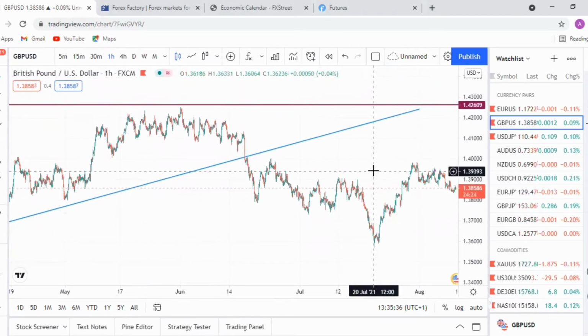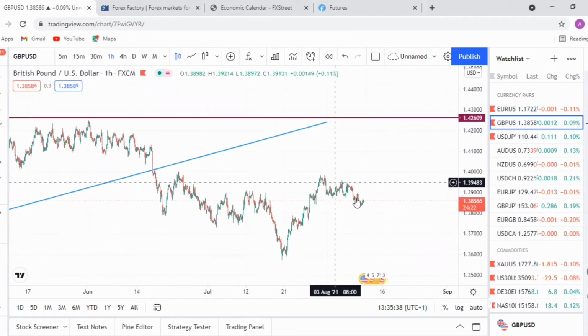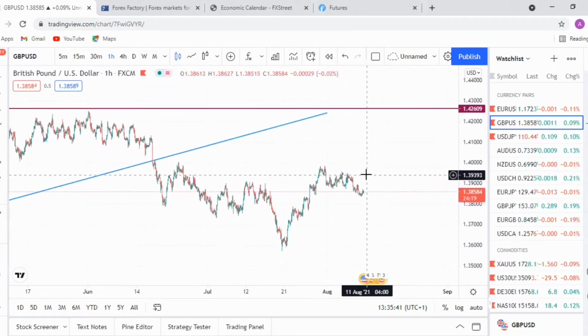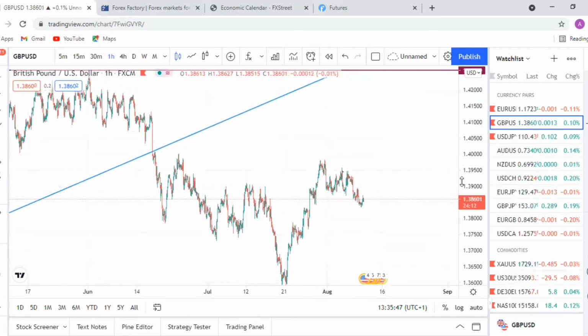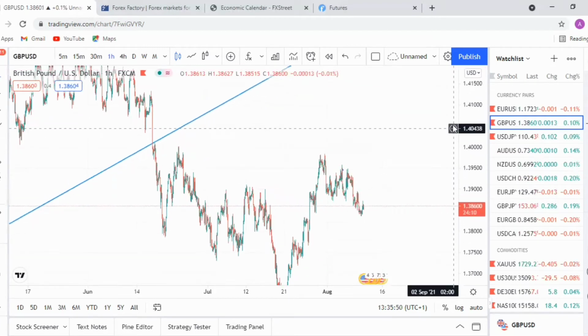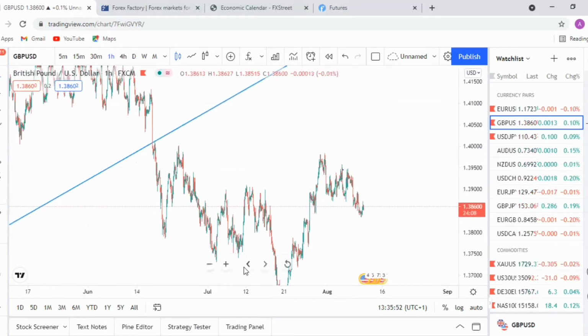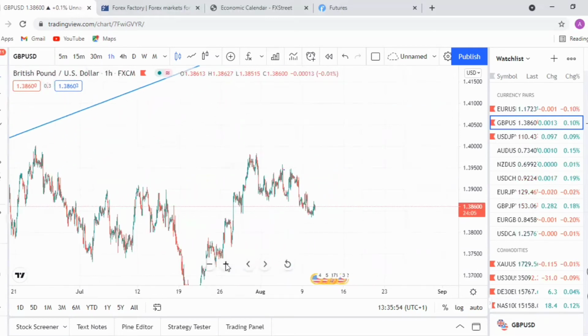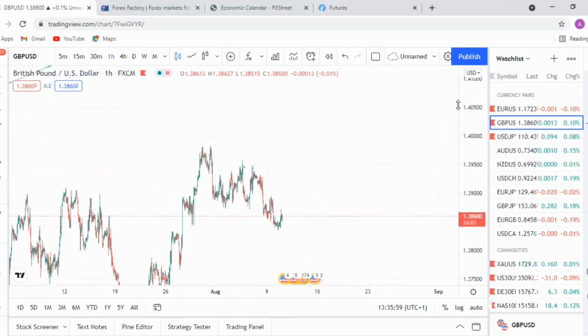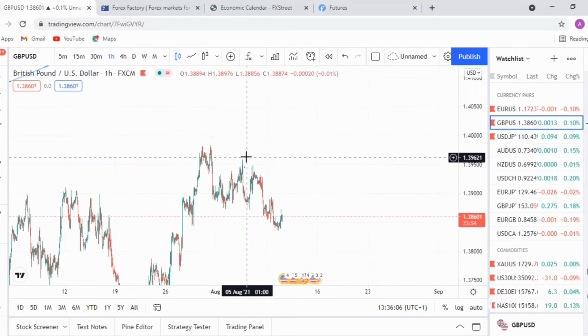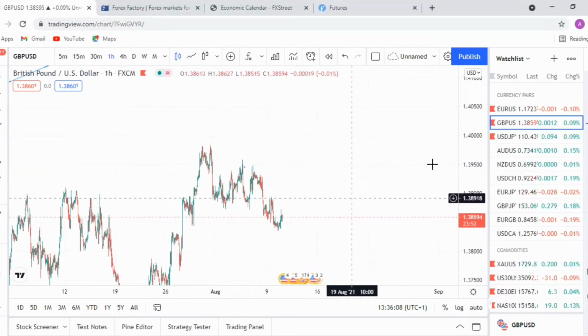Now, this is the 1 hour time frame. Looking at the 1 hour time frame, what is the market doing?